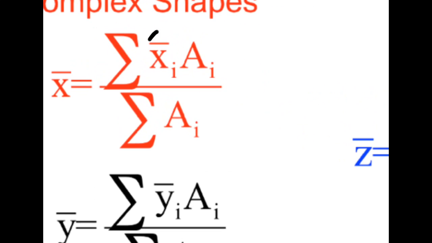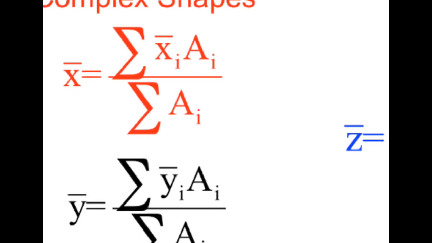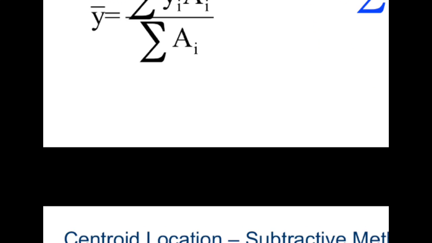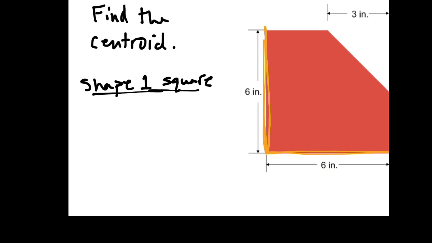I need the x bar for a square, and that's just halfway between the sides, and then the area of the square. It's only one shape, so I don't have to add anything just yet. I'll do it when I do both shapes.